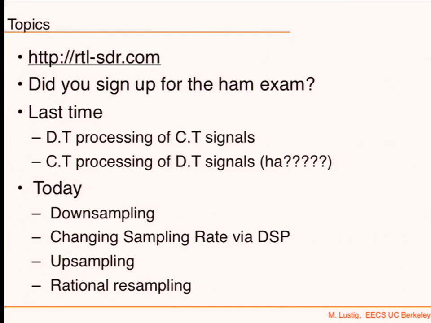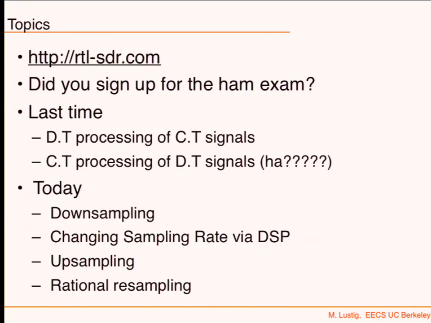So what is downsampling from a conceptual point of view? It's kind of throwing away samples, so it's reducing the rate. Once you have a digital signal, let's say it's a representation of the analog domain, so it's a sampled version of the analog domain, what does it mean to downsample it?